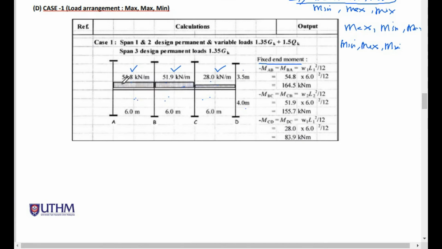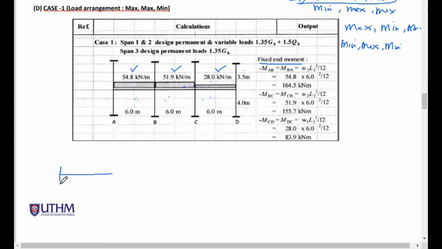For the first one, this is span number 1. Both ends are fixed, that is why we call it fixed end moment. Loading here goes downward, 54.8.